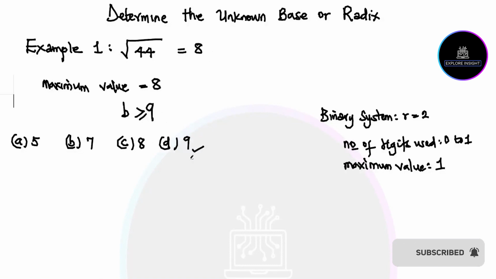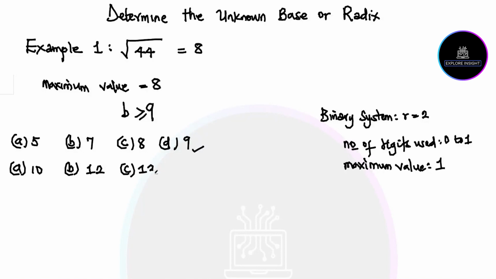Now, let's go for a more complex multiple option. Remember that if the base is greater than or equal to 9, it means the base can be 9, 10, 11, 12, 13, and so on. So let me put here option A, the base given as 10. Option B says the base is 12, option C says 13, and option D says 15.